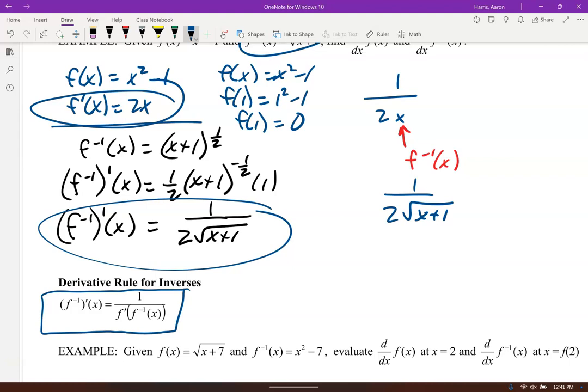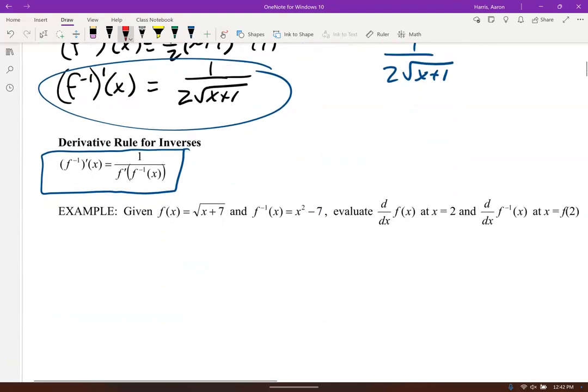That means if you plug 0 into the inverse, then it would spit out 1, right? The x's and the y's flip-flop. This is the point (1, 0). So if I plug 0 into the inverse, square root of 0 plus 1 is 1, right? They flip-flop, the x and the y.